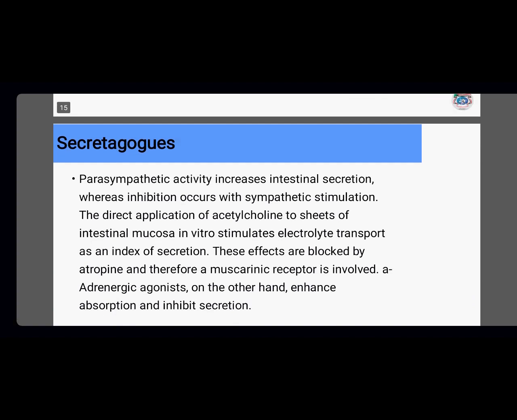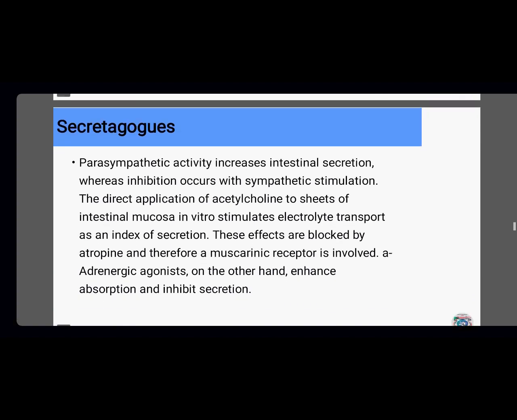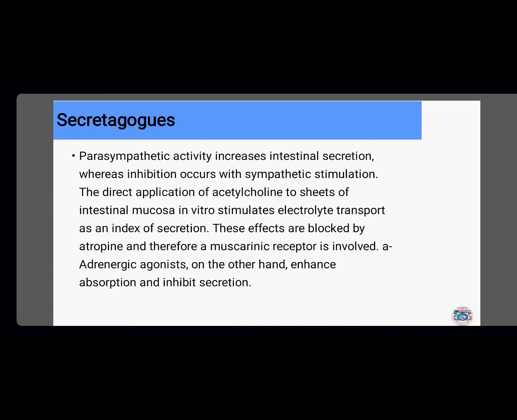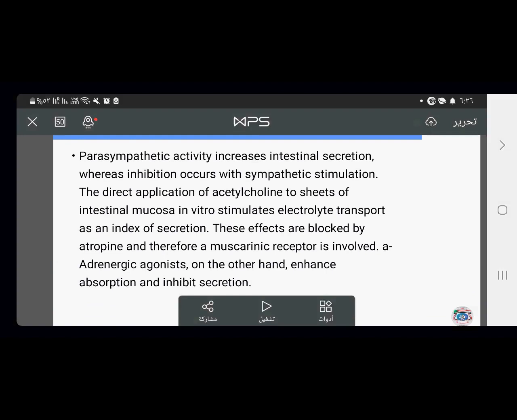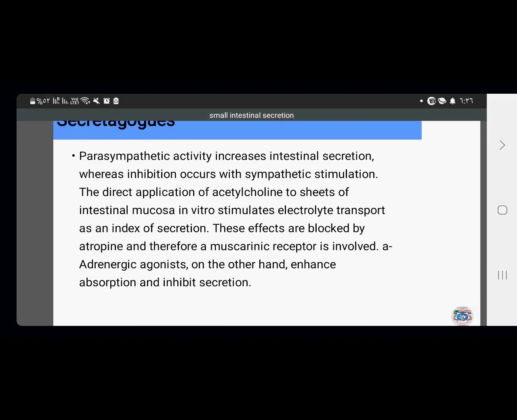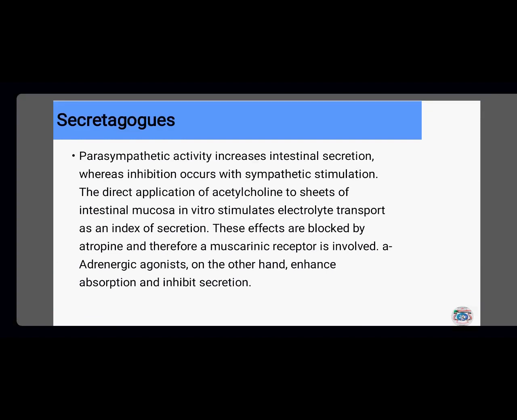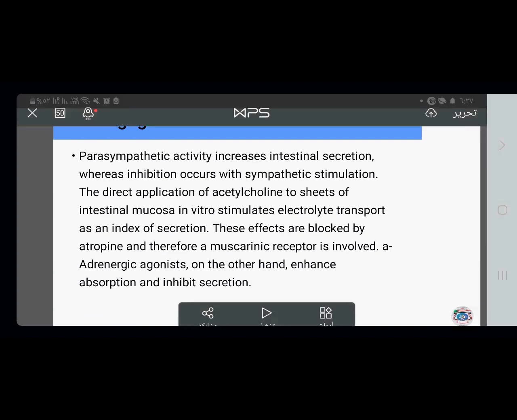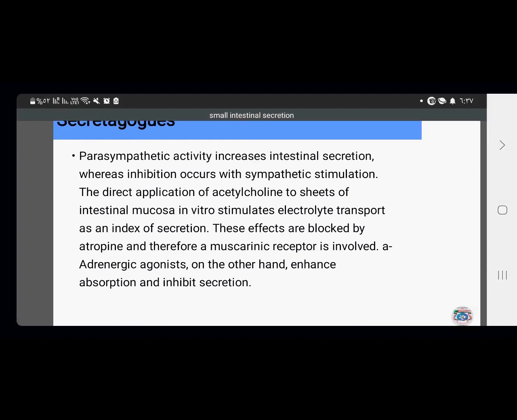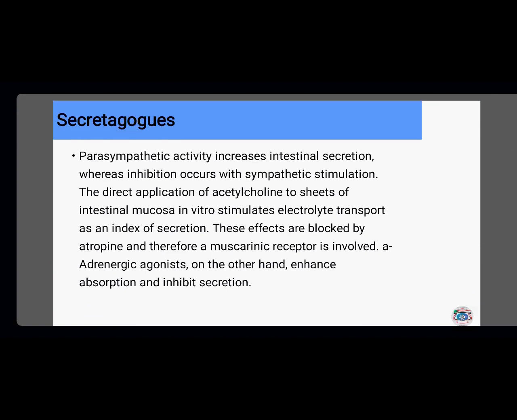Parasympathetic activity increases intestinal secretion, whereas inhibition occurs with sympathetic stimulation. As you know, in many instances, the parasympathetic is the antagonist of the sympathetic. The direct application of acetylcholine to sheets of intestinal mucosa in vitro stimulates electrolyte transport as an index of secretion.